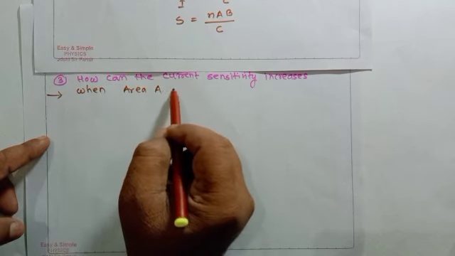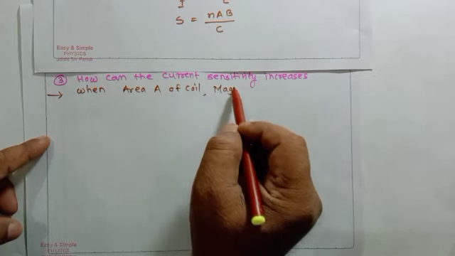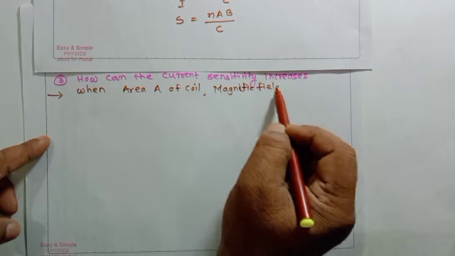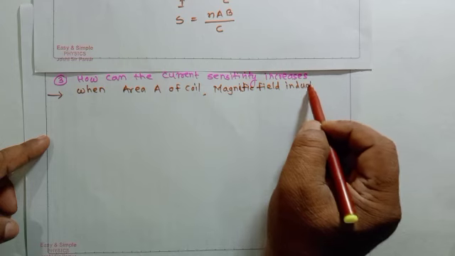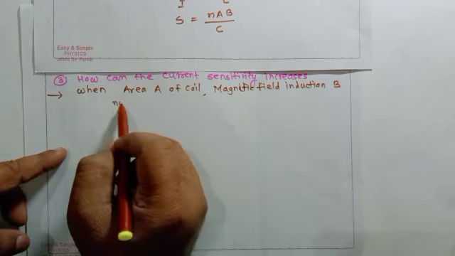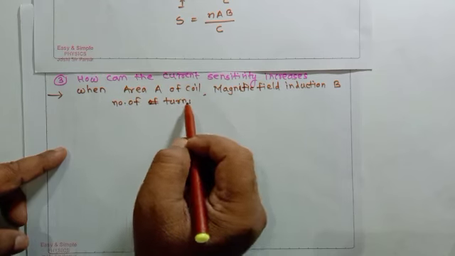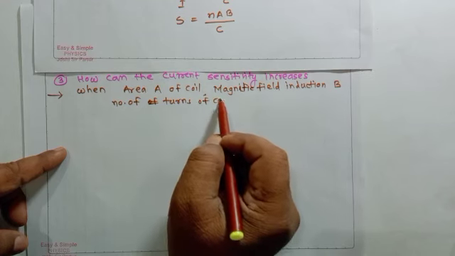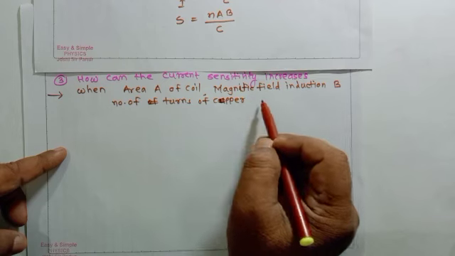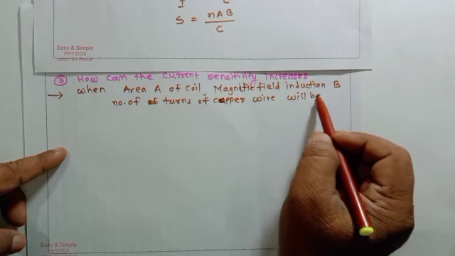when the area A of coil, magnetic field induction B, and number of turns of copper wire are increased.